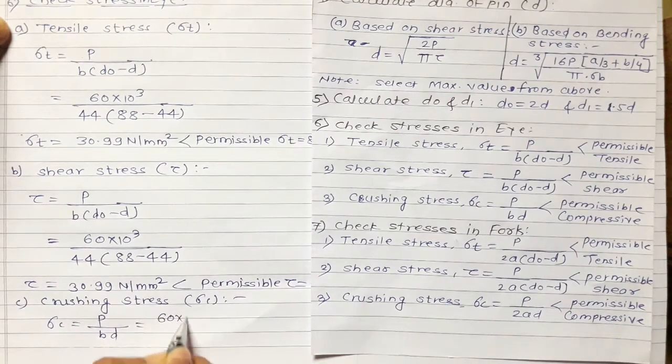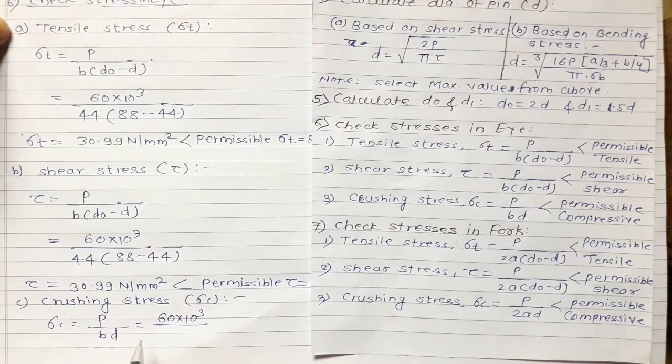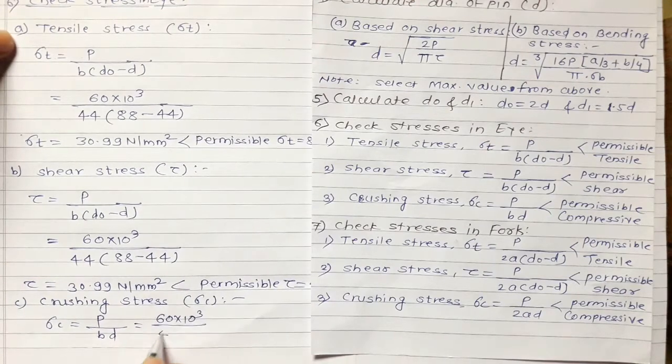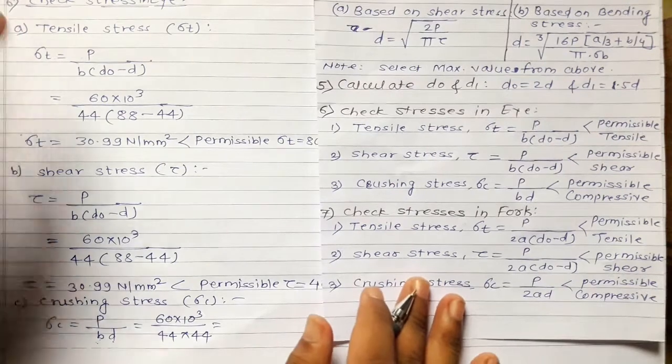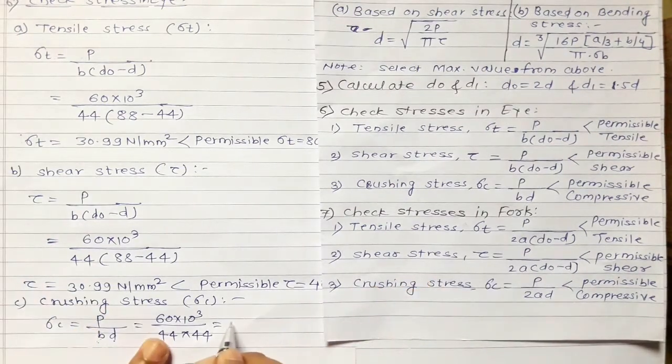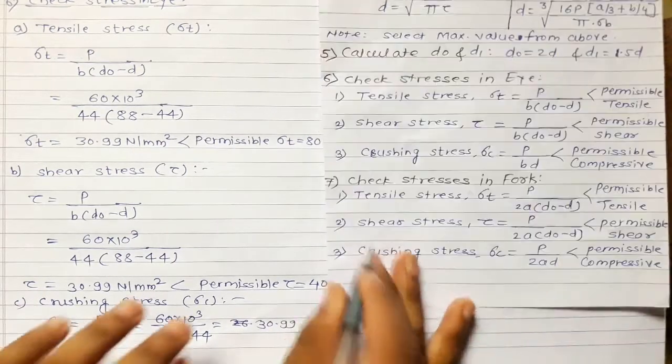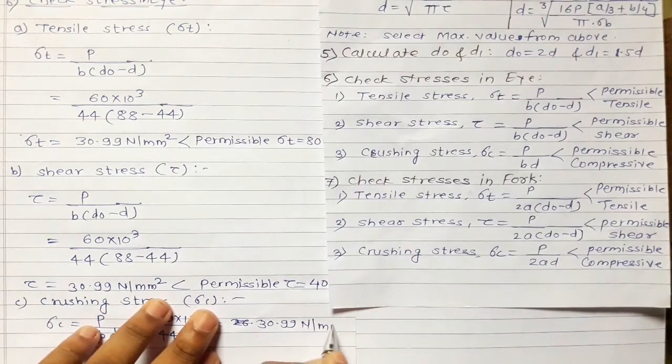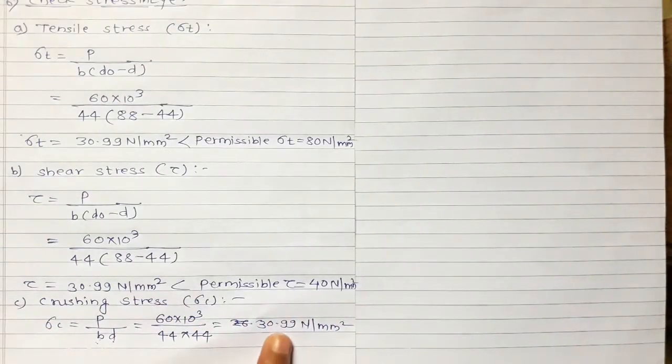The value of P is 60 into 10 raised to 3 upon B is 44 and d is also 44. The thickness of I and the diameter of pin are the same, 44, that we have calculated. If you calculate, the answer will be 30.99 Newton per mm square.